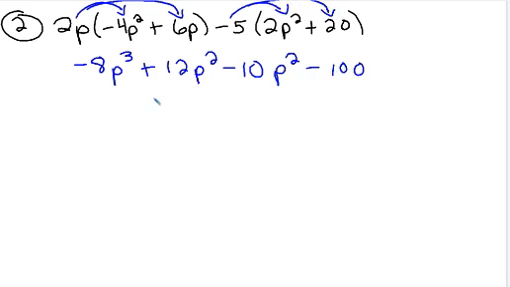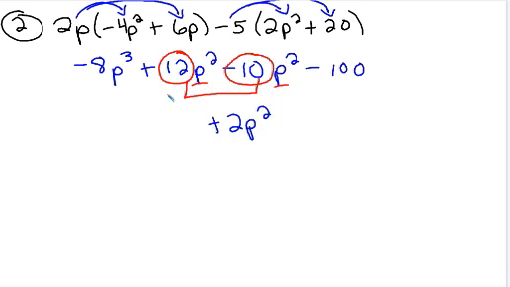Now, I am not done with this problem because we always want to try to combine like terms if we can. And these two are like terms because they're both a p squared term. Alright, so I just look at the coefficients. Positive 12 and negative 10. That makes positive 2p squared. The other things I just bring down.